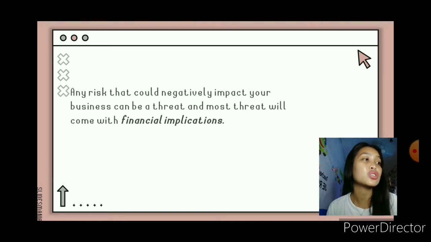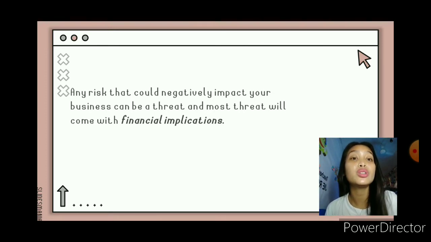When we say financial implications, these are on how you deal with your financial decisions, on how you think on your financial decisions.